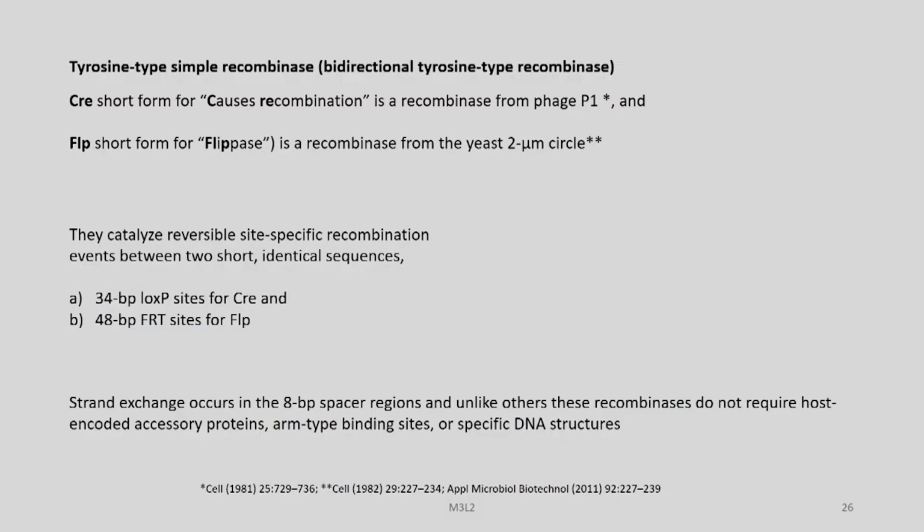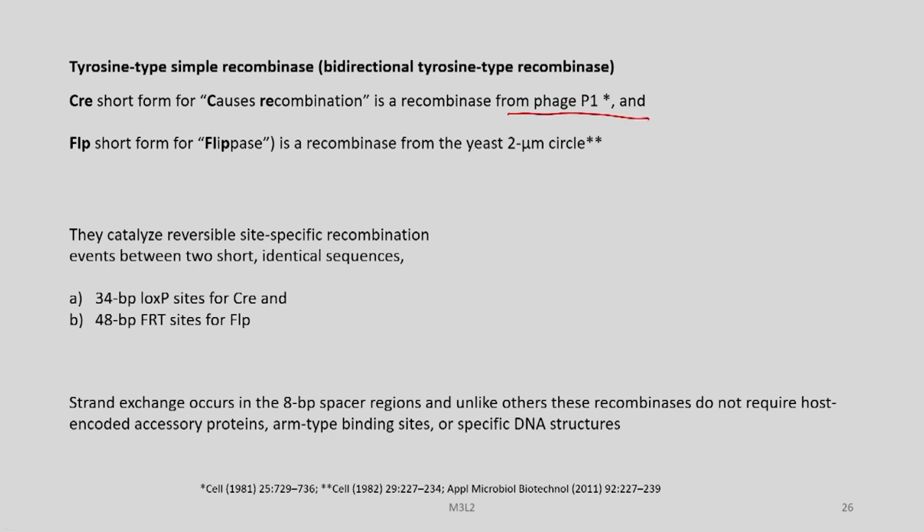You can see here a term, causes recombination, and the C and the R, E, are combined together to form CRE. So, CRE is short for causes recombination, and this is a recombinase enzyme from phage P1.